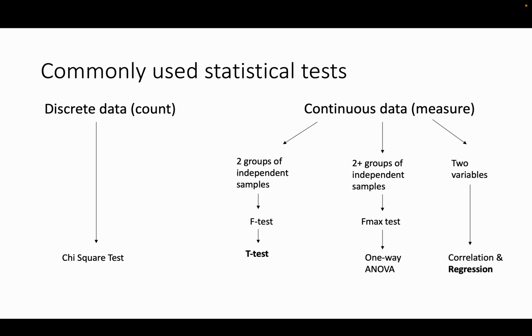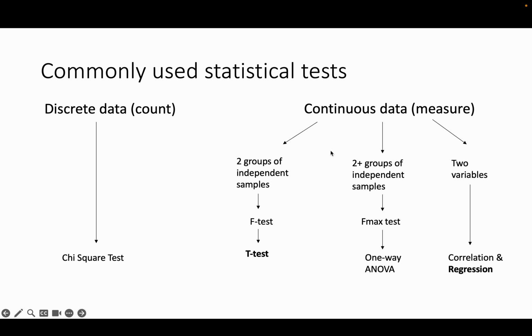So if you're getting whole numbers and you want to look at different categories, for example how many birds prefer to live in tree A versus how many birds prefer to live in tree B, or how many female students are in STEM versus how many male students are in STEM, you're essentially counting, you have whole numbers and you're putting things into categories. That is discrete data. So if you have discrete data, you would be performing a chi-square test.